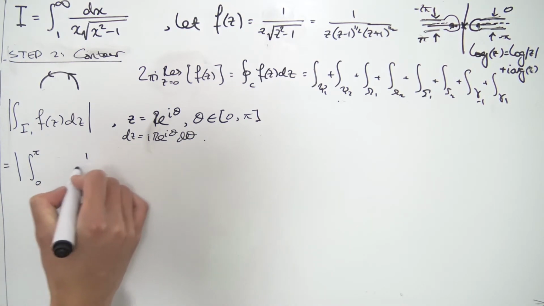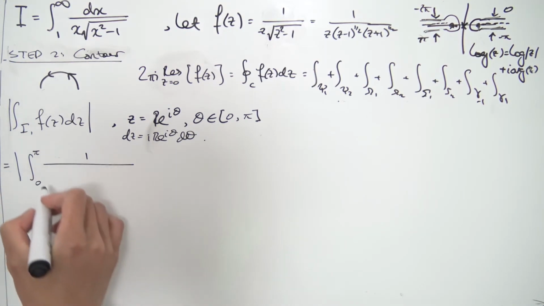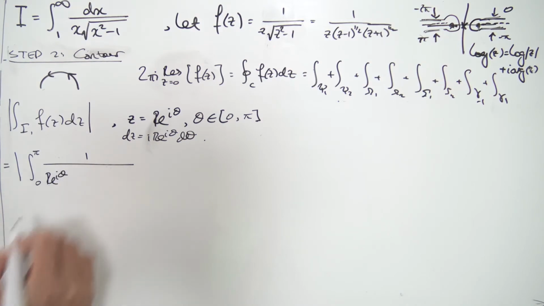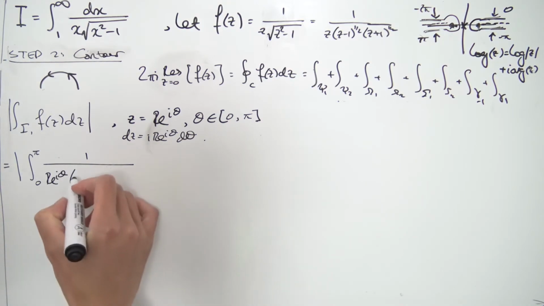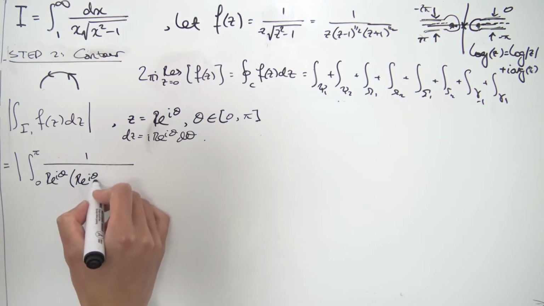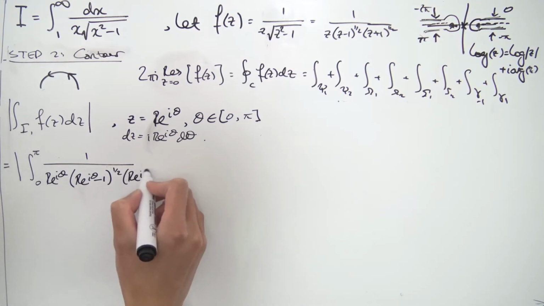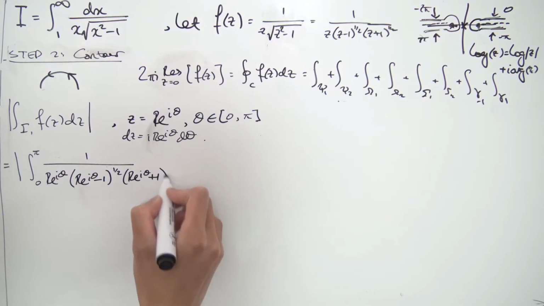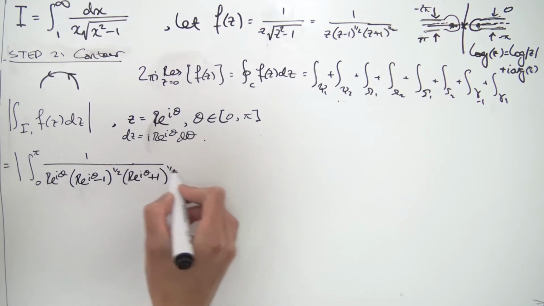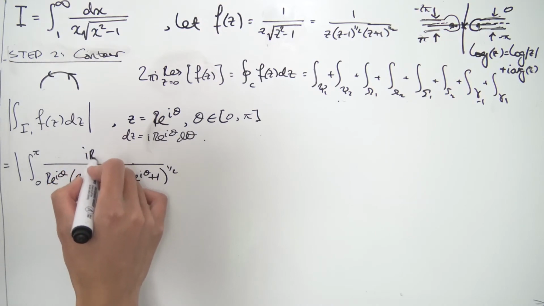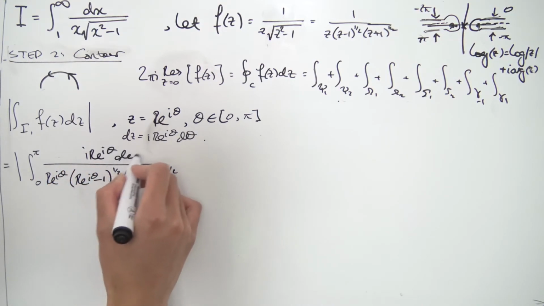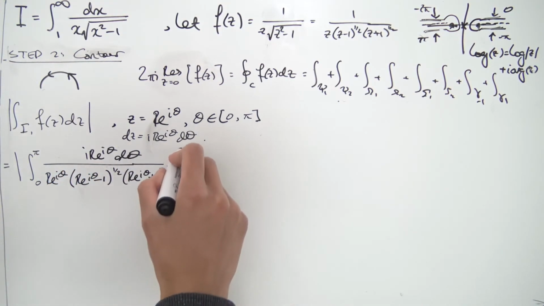So we're going to have 1 over R e to the i theta, and then R e to the i theta minus 1 to the 1/2, then R e to the i theta plus 1 to the 1/2, and then we have i times R e to the i theta d theta, and then absolute values.